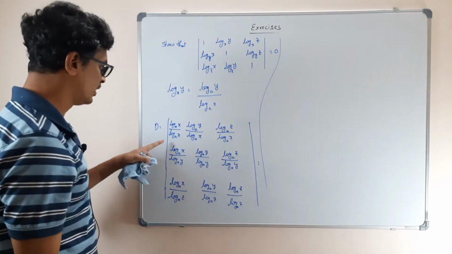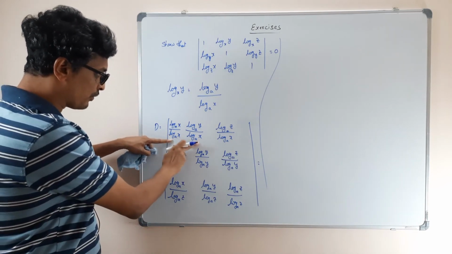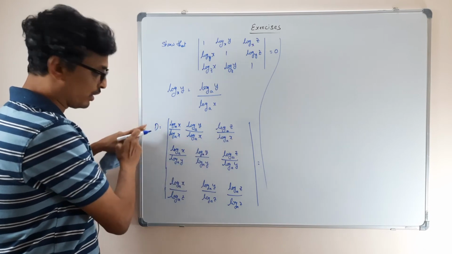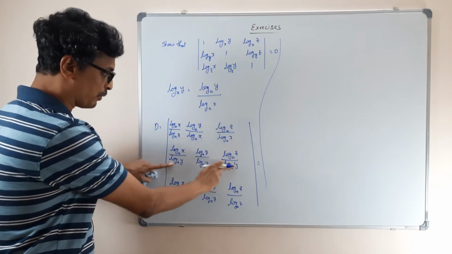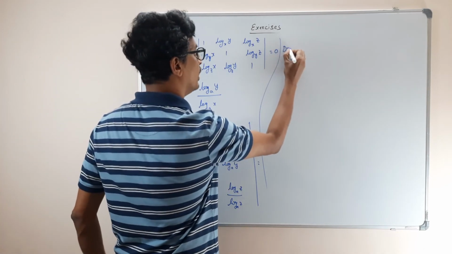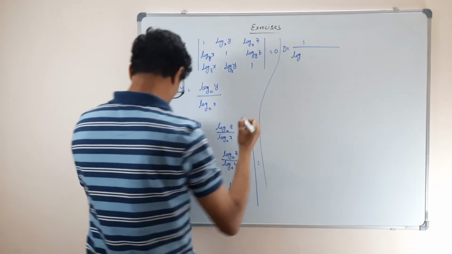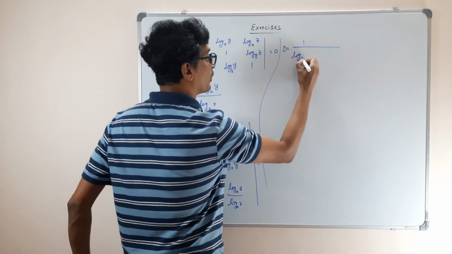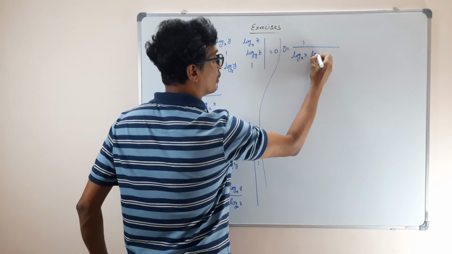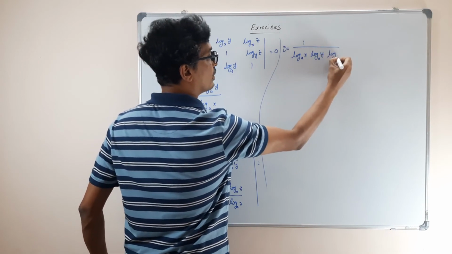Let us take 1 upon log base a of x, log base a of y and log base a of z, right?